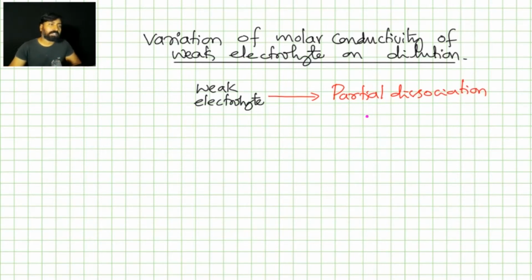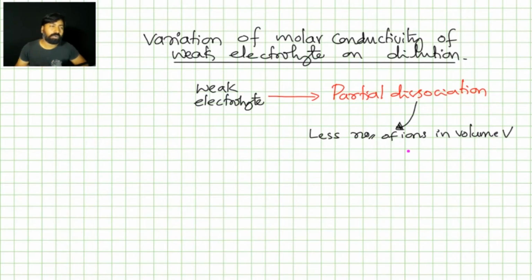As partial dissociation is taking place, the number of ions in volume V is less. There is a certain volume which contains around 1 mole of solute or electrolyte.